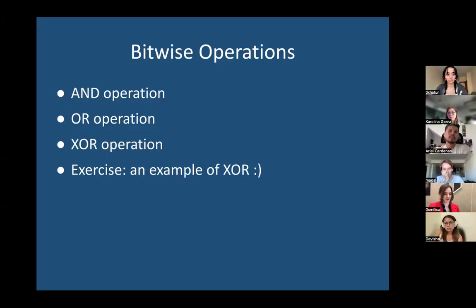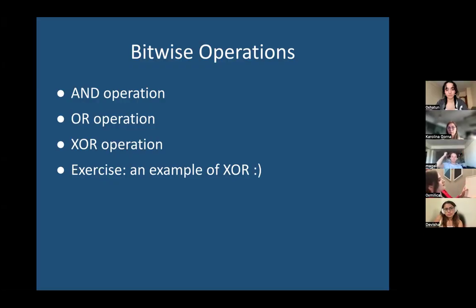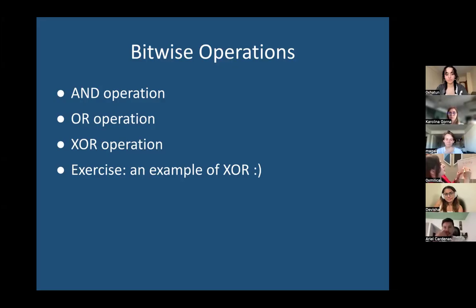Let's try having operations like this. Let's try with, let's say, 0, 0, 1, 0, 0, 0, sorry, 1, 1, 1, 0. Let's say we want to do the AND operation, okay? So let's try it. These are your starting values, and tell me what you got.